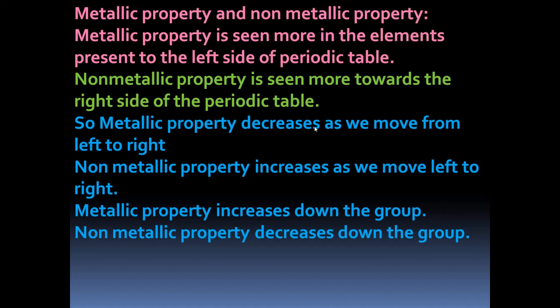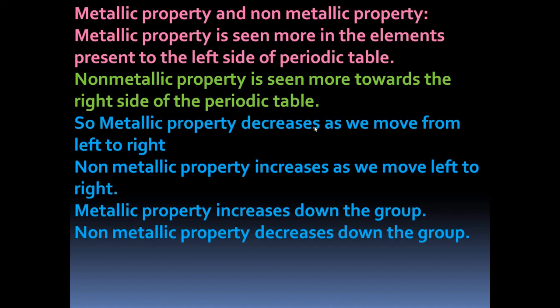So, metallic property decreases as we move from left to right. As we move from left to right of the periodic table, the metallic property goes on decreasing. Similarly, non-metallic property increases as we move from left to right.